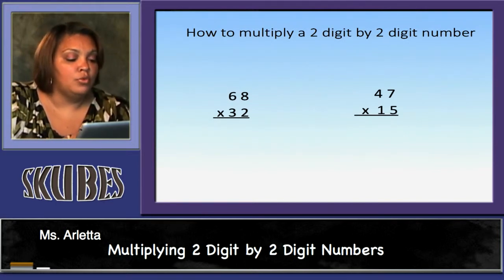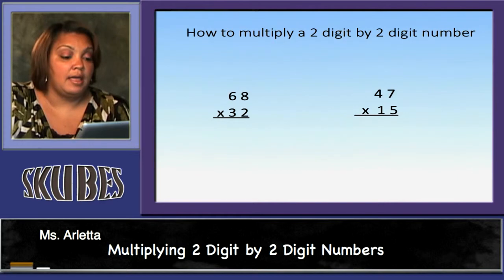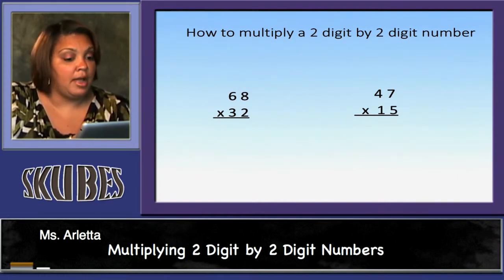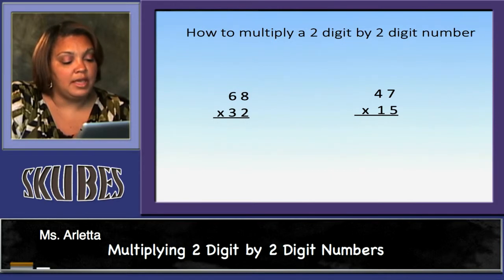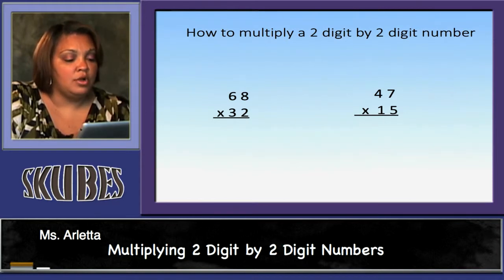I will go over the rules on how to multiply a two-digit number by a two-digit number. You'll always start in the ones place, and starting with the 32, which is your multiplier, you always start at the bottom multiplying up. And you're multiplying the ones digit first by the ones digit, again by your tens digit.